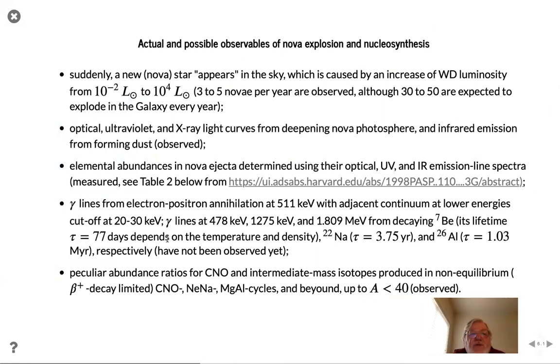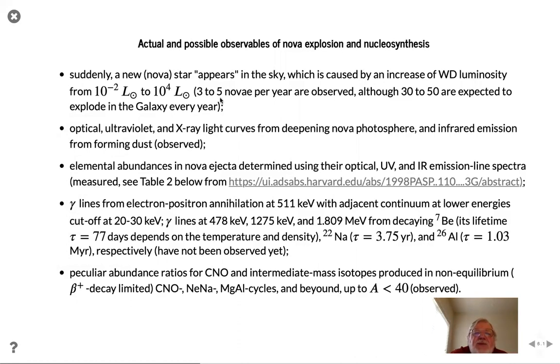So for novae, observables are the following. Suddenly a new nova, a new star, appears in the sky, caused by an increase of white dwarf luminosity from its ordinary luminosity, which is 10 to the minus 2 solar luminosities, to 10,000 solar luminosities.